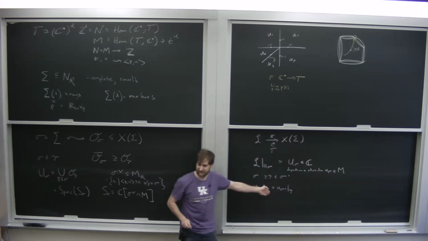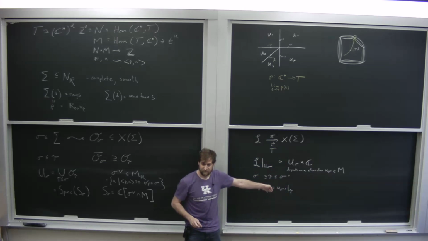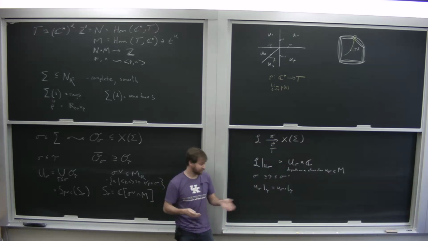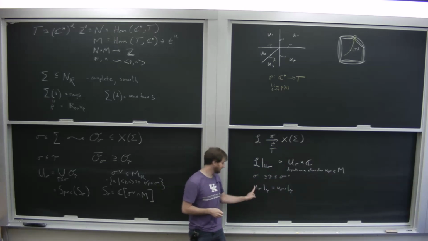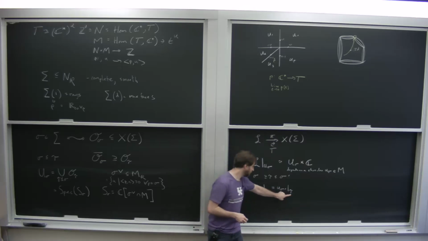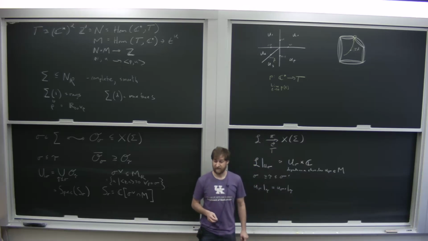What do I mean by this? Remember, u_sigma is a character. It lives in M, the dual lattice to N. So you can think of u_sigma as a linear function on N. And what I'm saying is literally that this linear function, when restricted to this subset of N_R, has to be this linear function restricted to this subset of N_R.